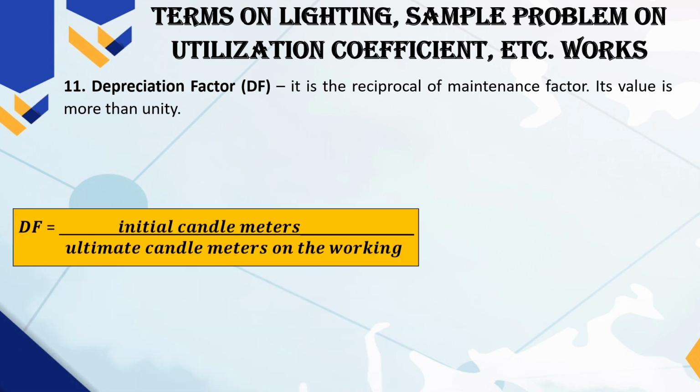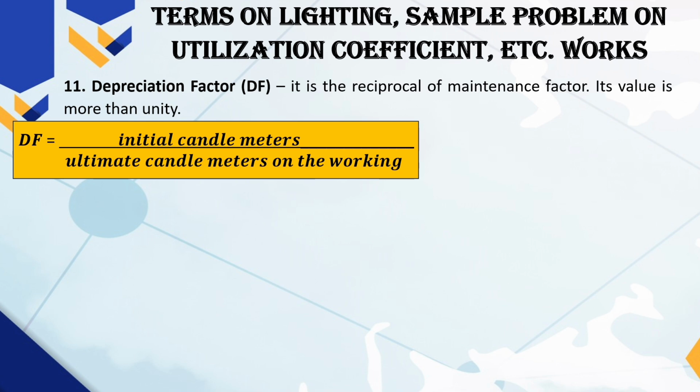So this is the formula: DF is equal to initial candle meters divided by ultimate candle meters on the working plane.